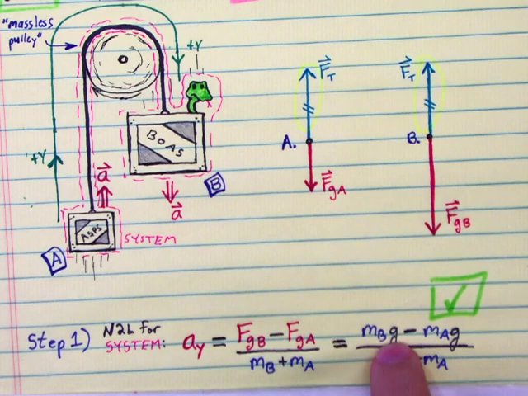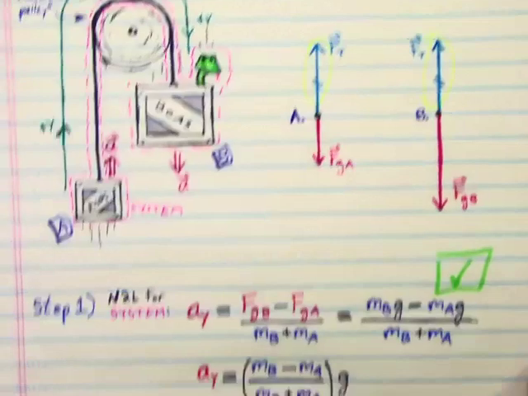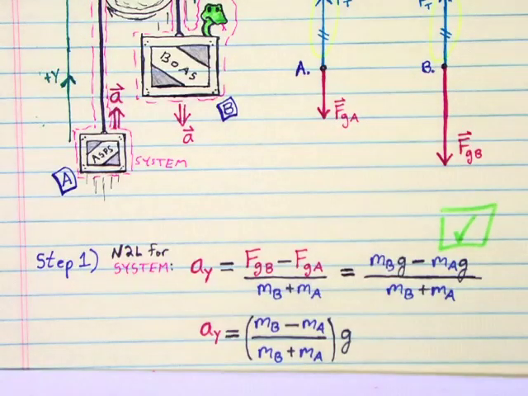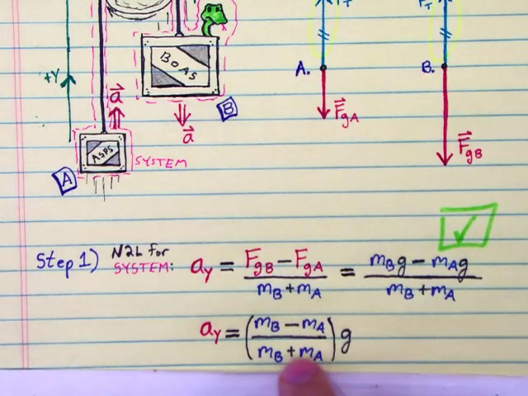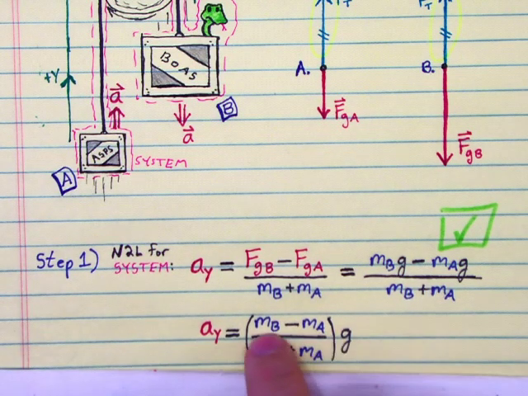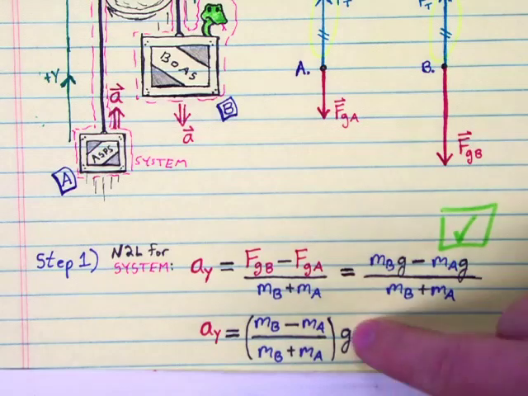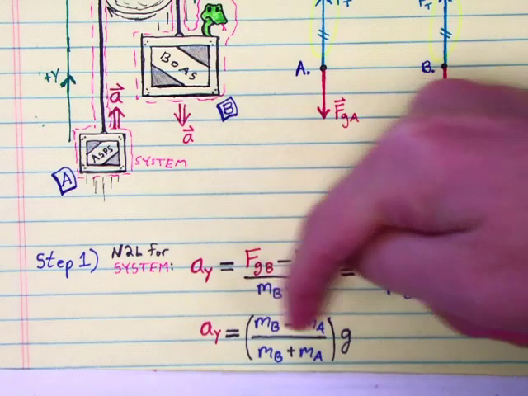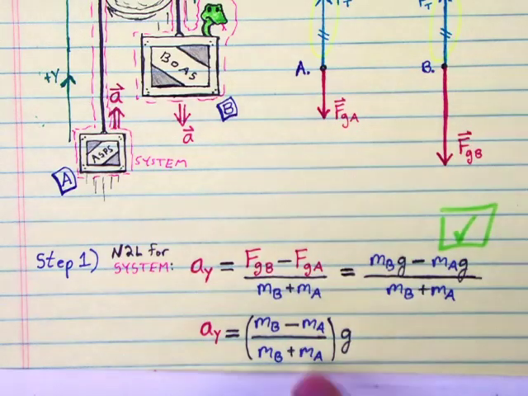Maybe if I factor out a g here, I could rewrite this once more looking like that. And in this form, it's easy to tell that the acceleration we're going to get depends on the difference between the two masses. So I guess we've proven here that the system is guaranteed to accelerate as long as the two masses are different. We can also see that if you put the same mass on either side, the acceleration will be 0.